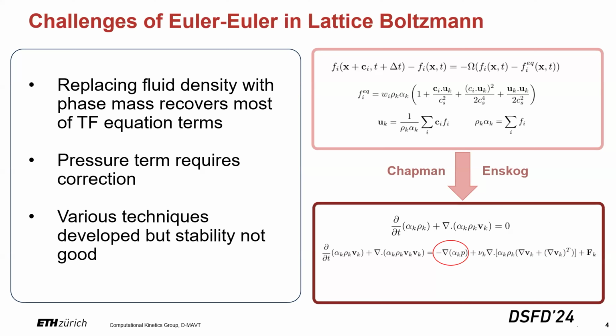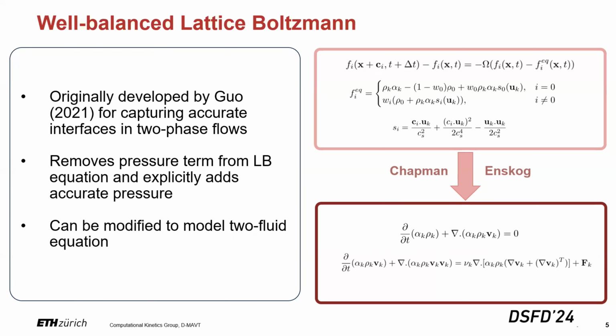The new model is a combination of a couple of different variants of LB. So I'll first start by introducing the two different variants, and then going on to creating the new model. The first one is the well-balanced LB, which was created by Guo et al. in 2021 for capturing accurate interfaces.